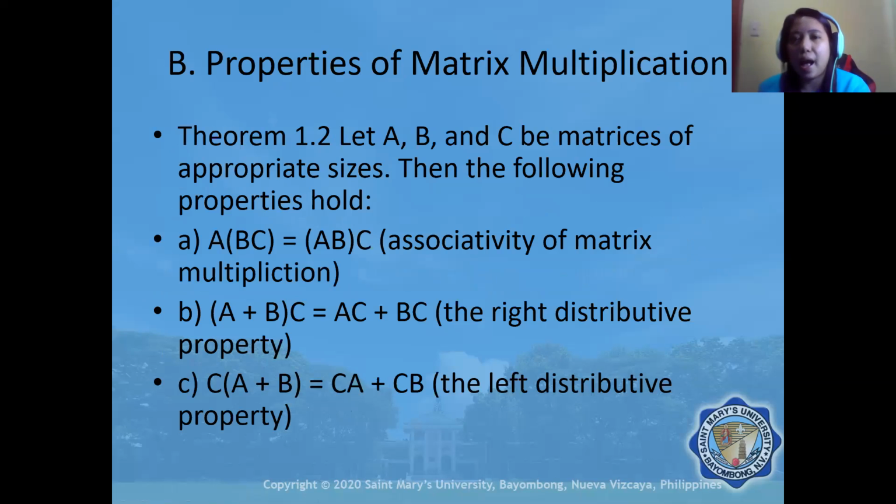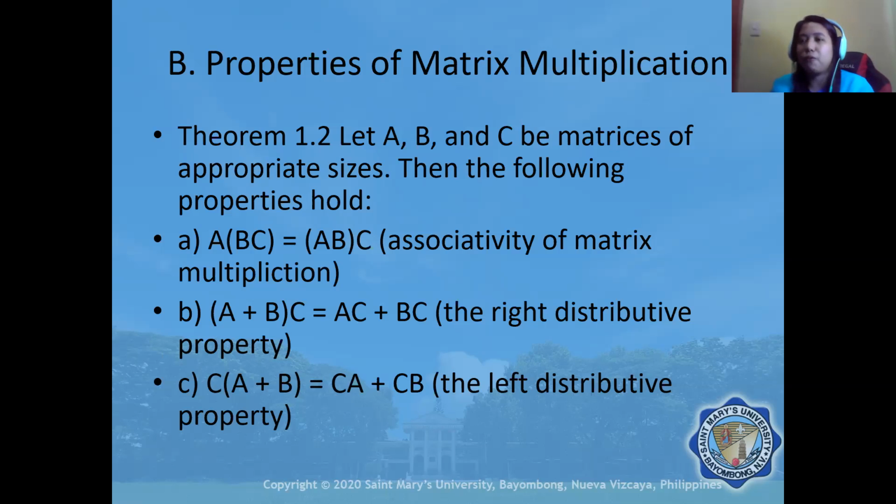So we know that we can only multiply two matrices if the number of columns of one is the same as the number of rows of the other. So here we have the associative property.